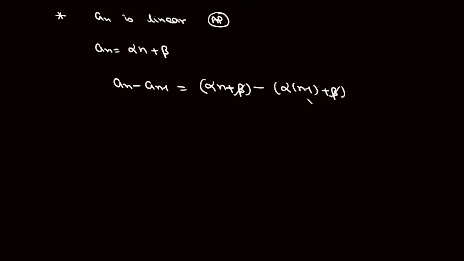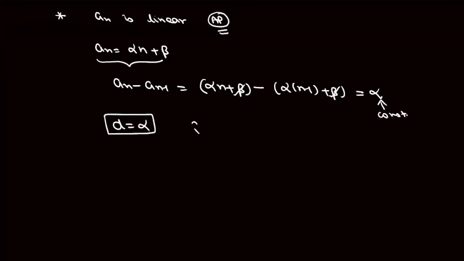Now this beta will cancel, alpha n will also cancel. So this is alpha, which is independent of n. That means this difference is constant. So if we have a sequence whose term is linear, then that sequence will be an AP, and the common difference of the AP will be alpha.